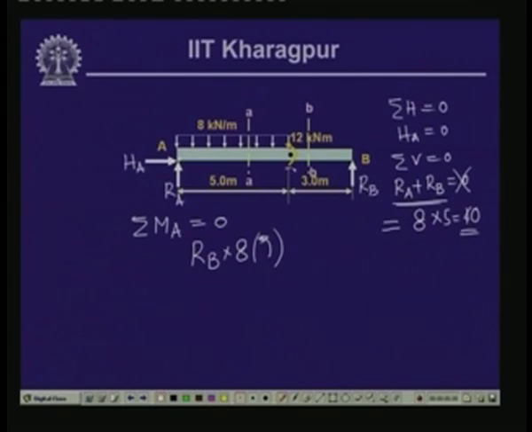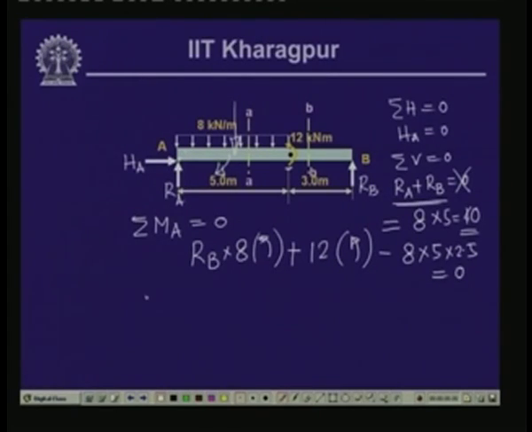Then we have an external moment, also anticlockwise, which we consider positive, 12 kilonewton meter. Then the loading acts at the center of this length and causes a clockwise moment, so minus 8 into 5 times 2.5, and this equals 0.